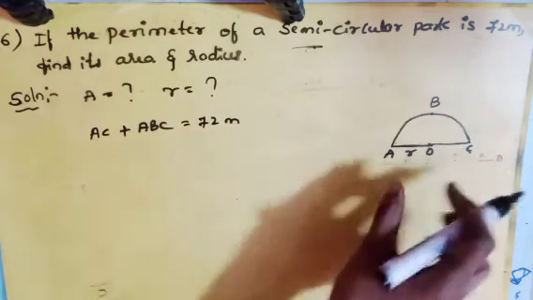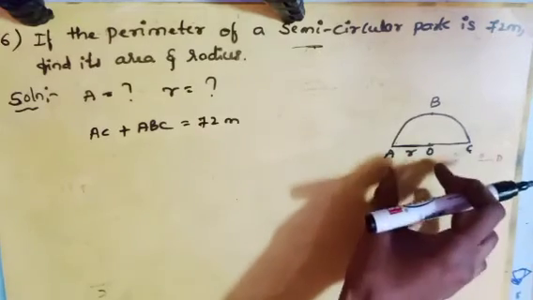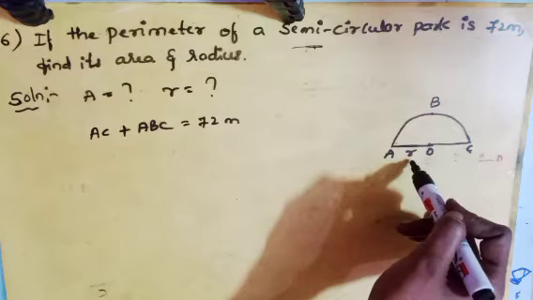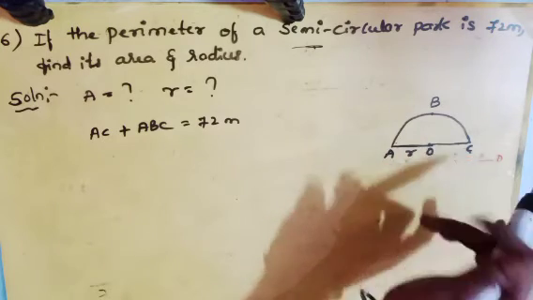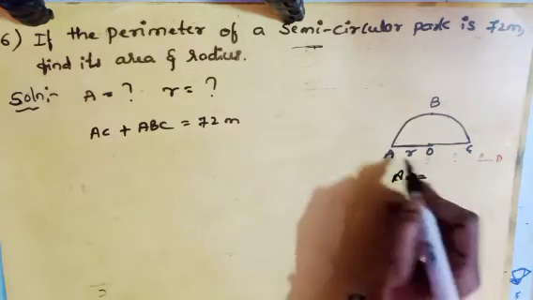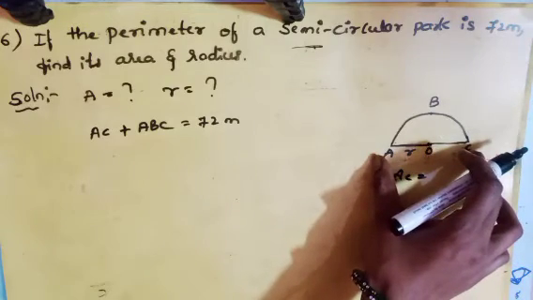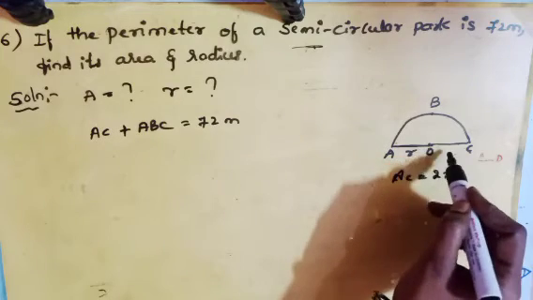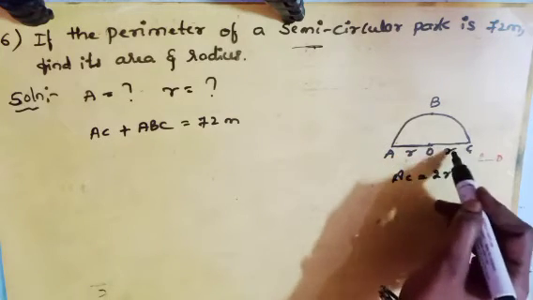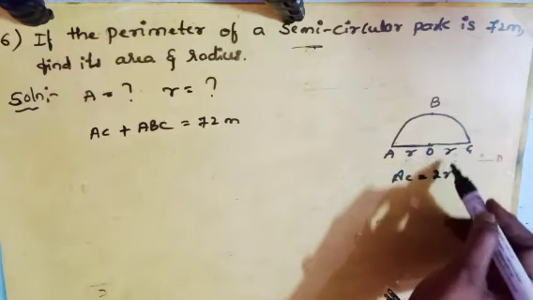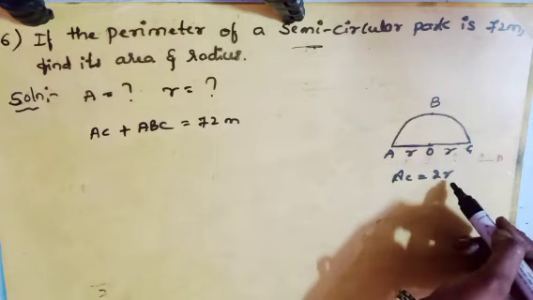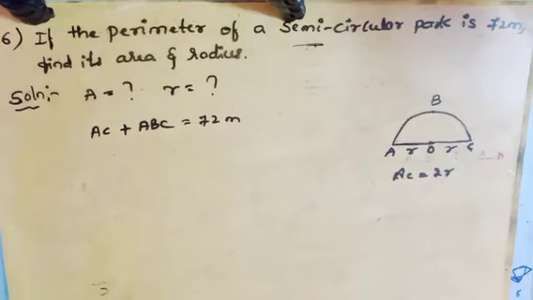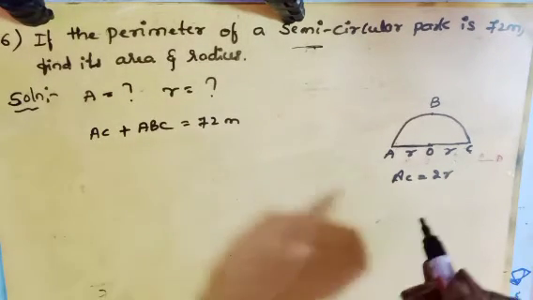Next, AC is the diameter. The radius from A to O is denoted by R. Therefore, what is the value of AC? AC is the diameter, so the value is 2R. AO is R, and OC is also R, so R plus R is 2R. So AC equals 2R.